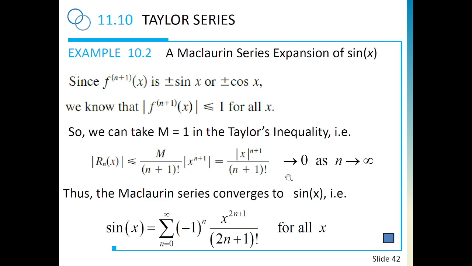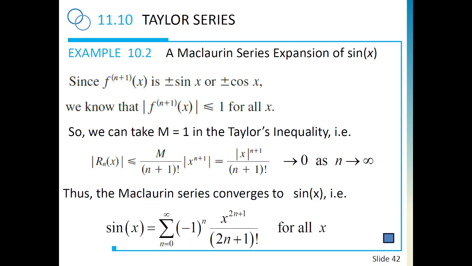So as soon as we have the derivative n plus 1 bounded on our interval of convergence, then we know that the series is converging to the function that was used to generate the series. So now we can say that sine x is equal to this power series, which is the Maclaurin series here.